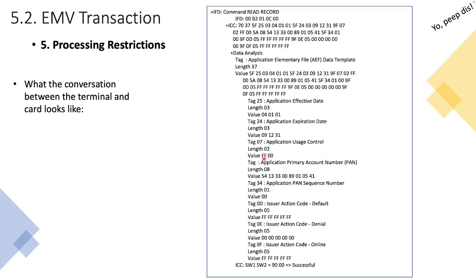Application usage control, basically you can see it's set to FF00, which means this card supports all of the conditions stipulated in byte 1 of application usage control and none of the conditions in byte 2. Okay, and then you've got some other data as well that the terminal would require in the transaction. And at the end of this read record command, we can see it was successful and all the data that was requested has been passed through.